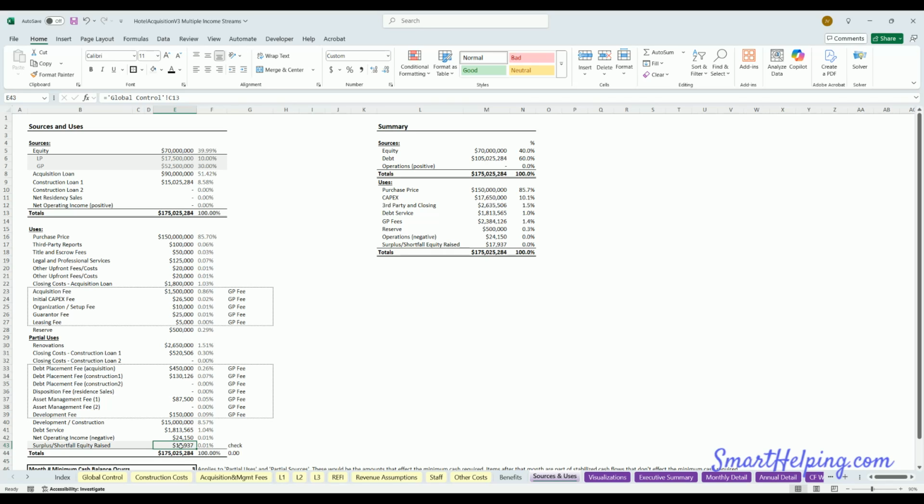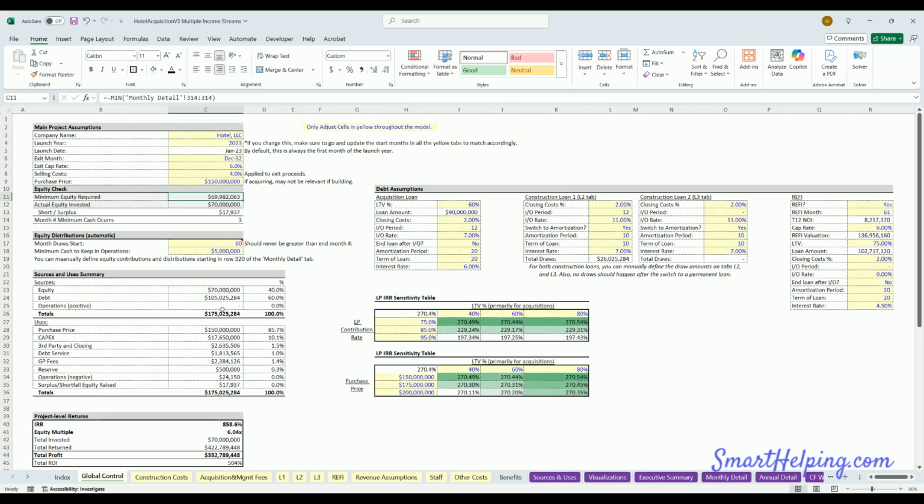In this case we've raised 17,000 more, so there's the 17. It's not necessarily a negative number, but it's basically the difference between the minimum you need and what you actually raised. So it should never be less than the minimum, but it might be more if you want a buffer on top of your reserve.